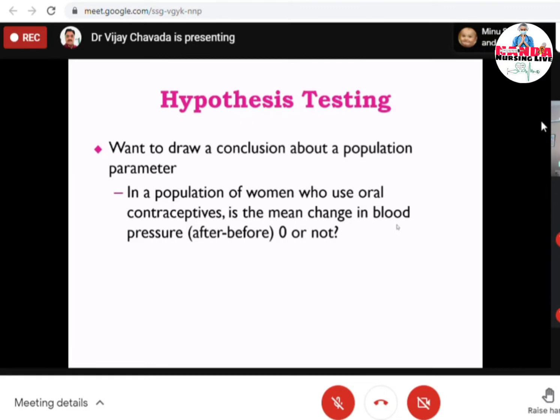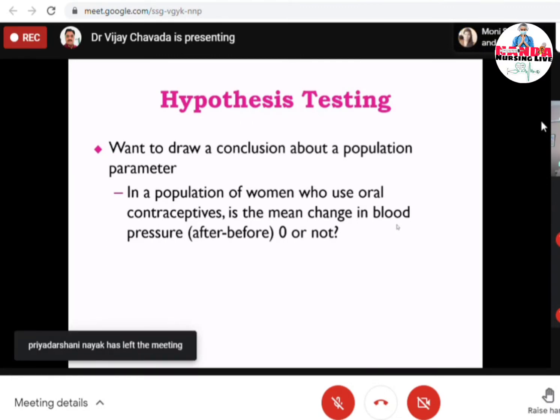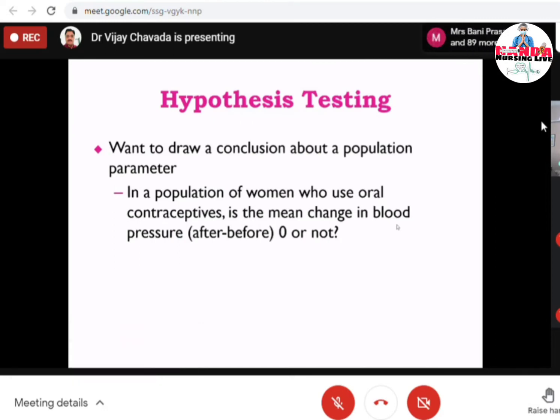Now hypothesis testing is when you are comparing two groups, you have to assume that there is no difference between the groups. Meaning the change in blood pressure is not happening in the group using oral contraceptives as well as in the group not using oral contraceptives.